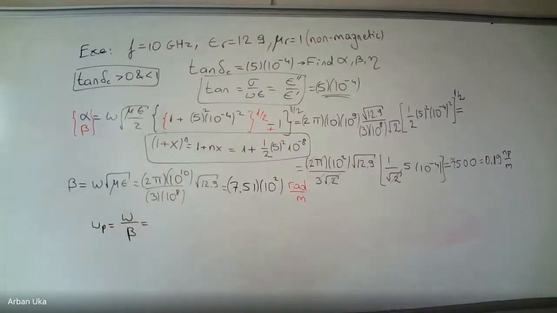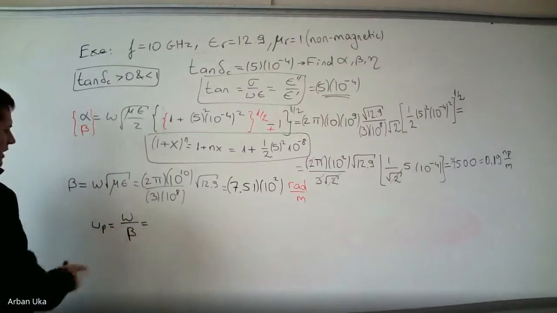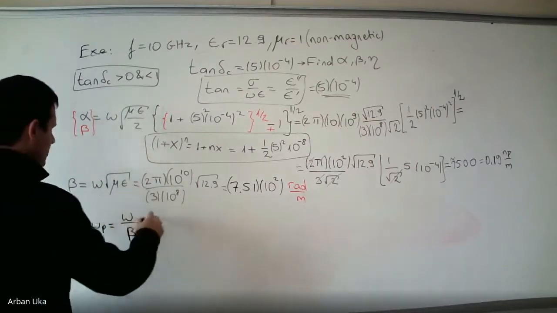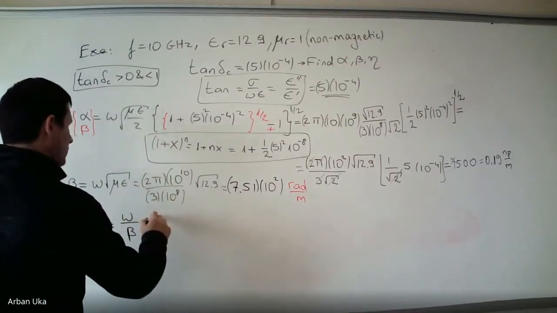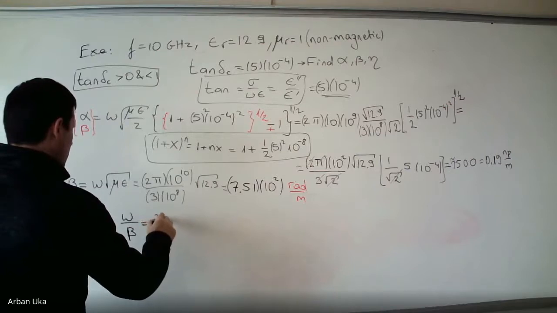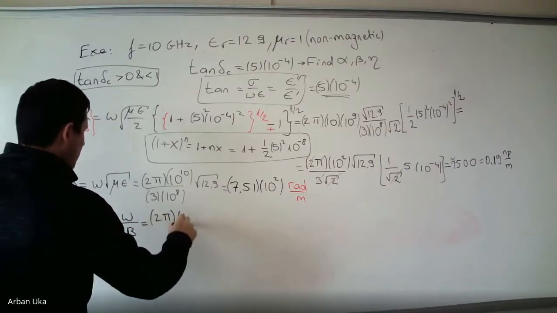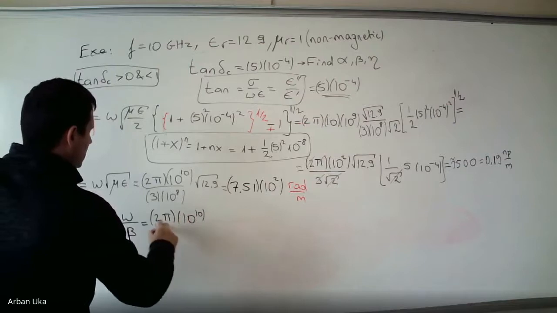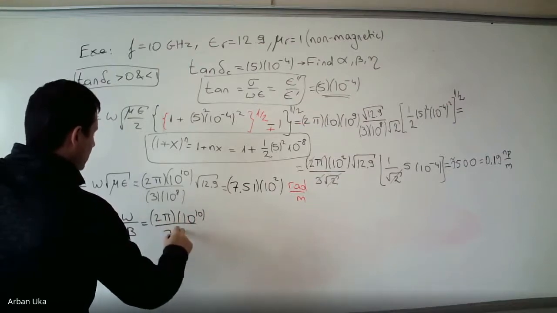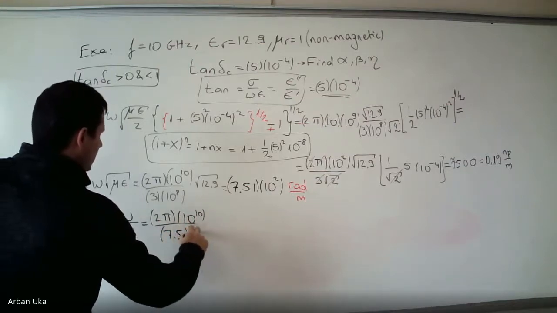And we can also find the wavelength, which is going to be 2 pi over beta. But let's find the propagation velocity first. This is going to be equal to, again, 2 pi 10 to the power 10 divided by 7.5 times 10 to the power 2.